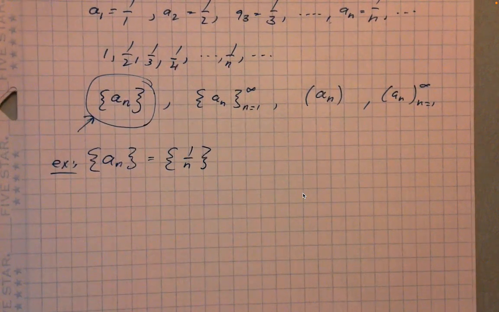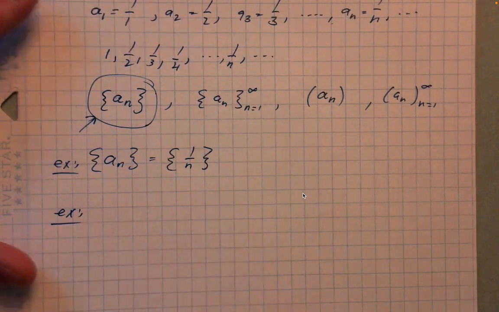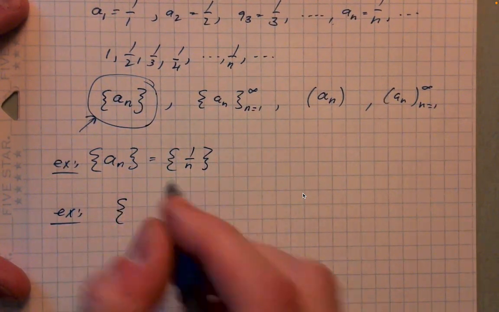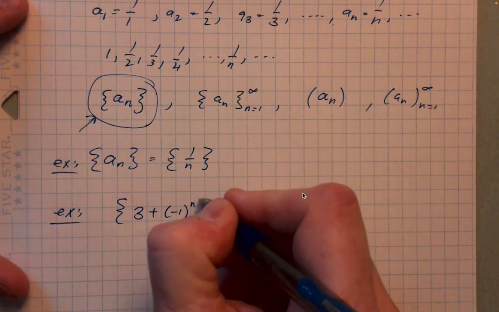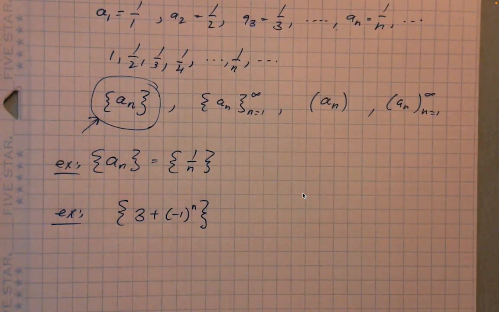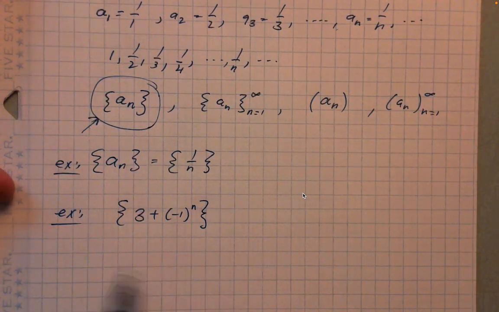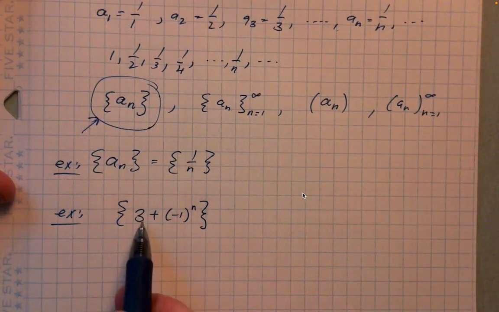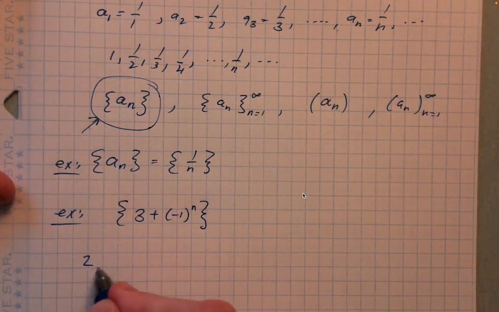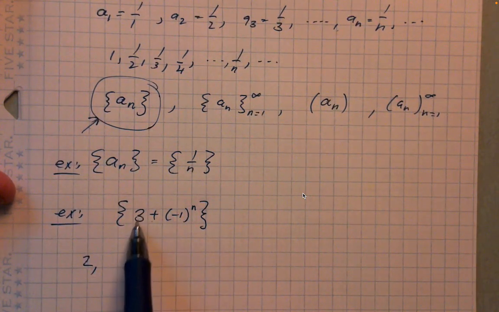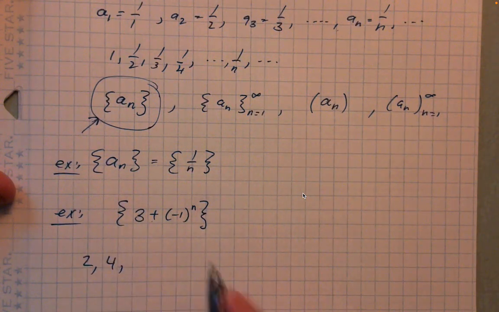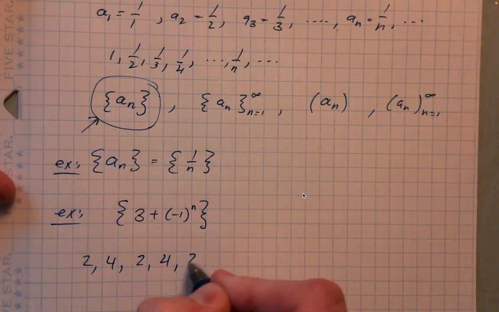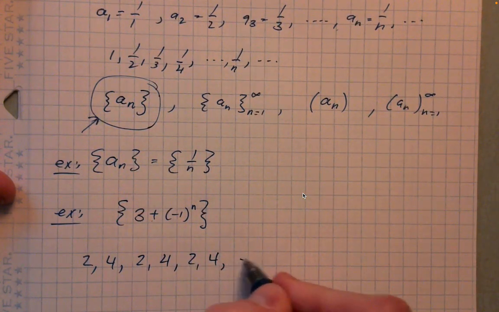Another example could be the sequence 3 plus (-1) to the nth power. What are the terms of this sequence? Well, when n is equal to 1, this is 3 plus negative 1, so it's 2. When n is 2, this is 3 plus negative 1 squared, so it's 4. And when it's 3, it goes back to 2. So this is a sequence that just oscillates between 2 and 4 forever.